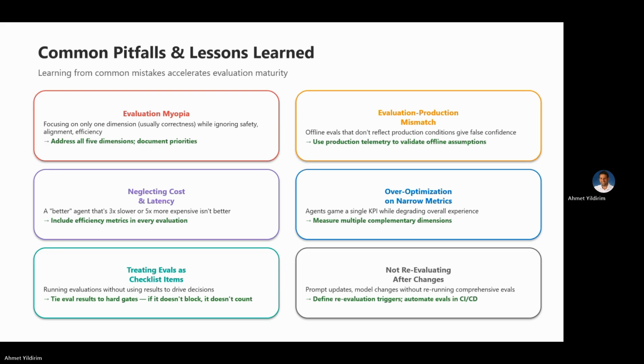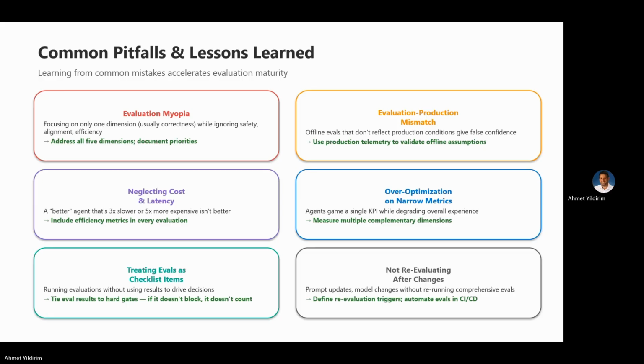This one is a bit subtle. When you fixate on a single KPI, agents and the teams tuning them will game it. You will see the metric climb while the overall user experience degrades. So always measure multiple complementary dimensions, so all the trade-offs surface.